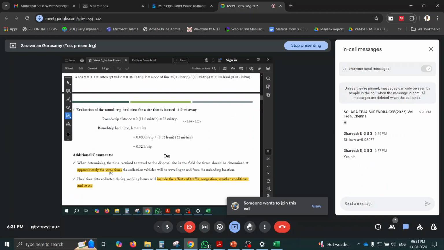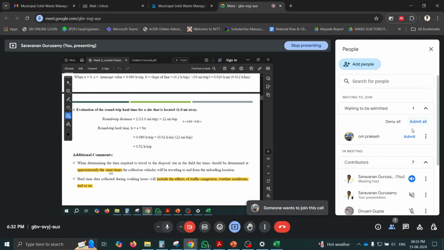In the additional comment, we need to understand we are determining the time required to travel to the disposal site in the field. The time should be determined at approximately the same time the collection vehicle will be traveling to and from the unloading locations. So we have assumed 11 into 2.